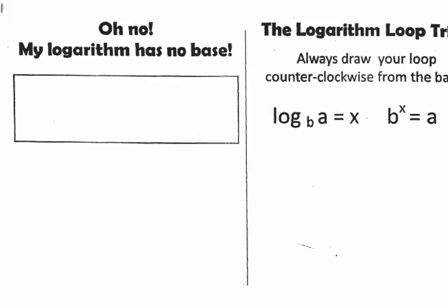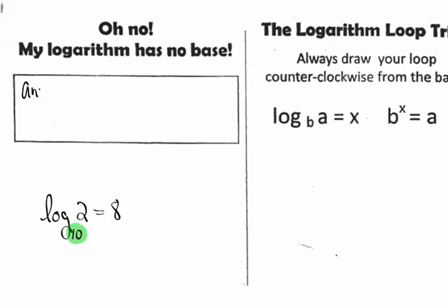Now, oh no, what does it mean when my logarithm doesn't have a base at all? It's written so that it looks like this: log 2 equals 8. Oh my gosh, what does that mean my base is? Because I have no base written right here. Well, that means that my understood base is always 10.